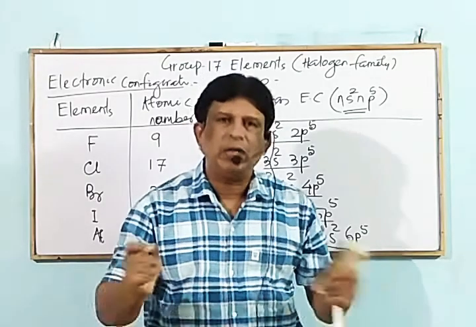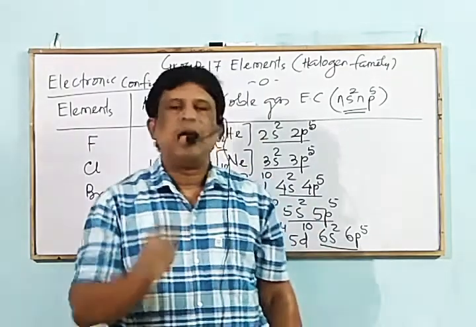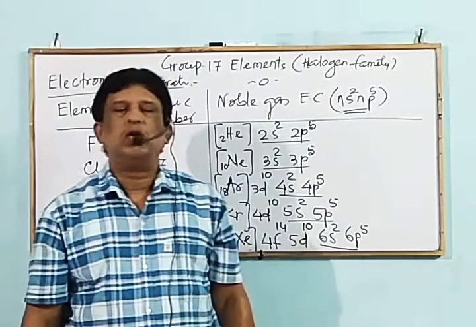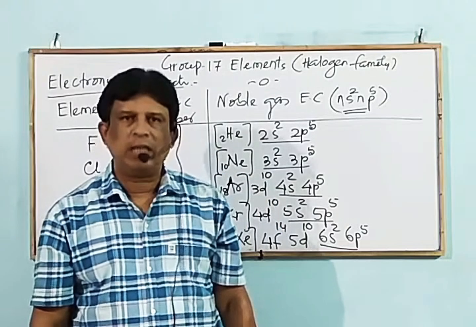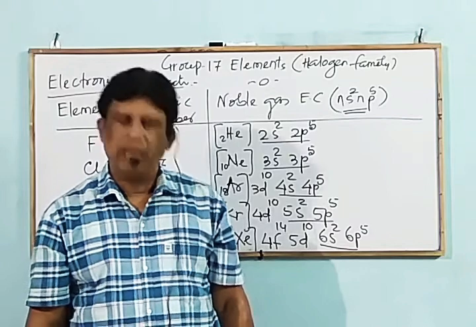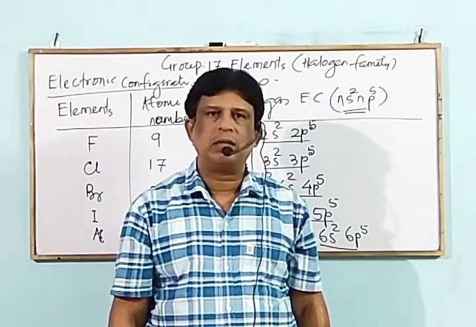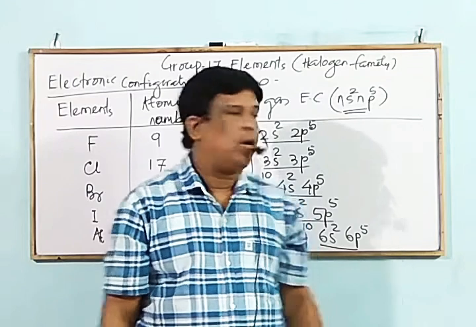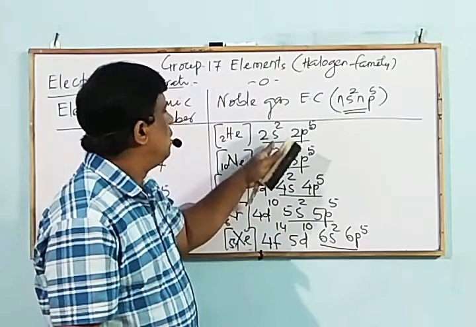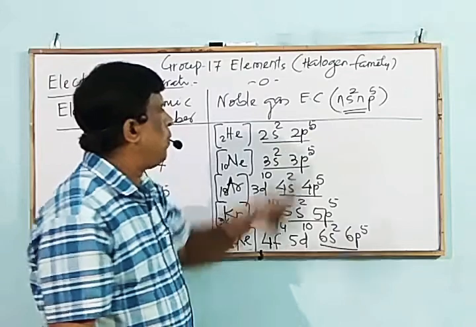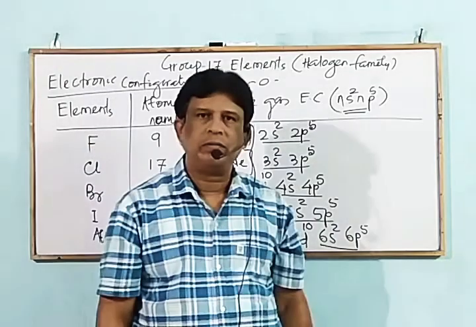So they have a strong tendency to accept an additional electron to possess the nearest noble gas configuration. That's why they are very much reactive nonmetals, and all of them possess ns2 and np5 electronic configuration.